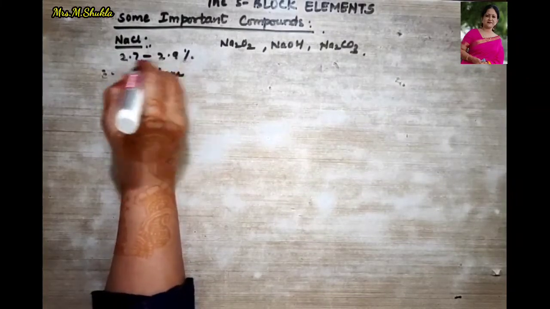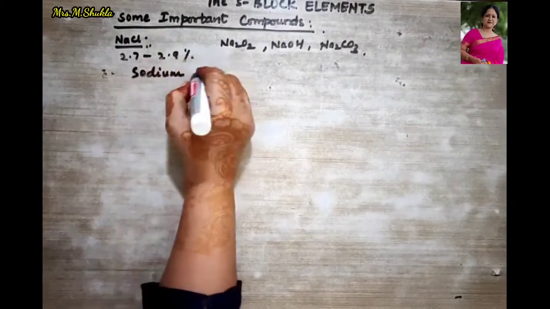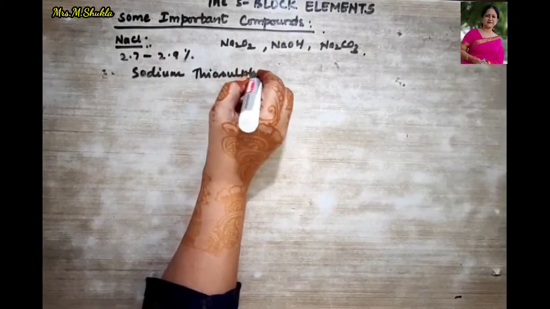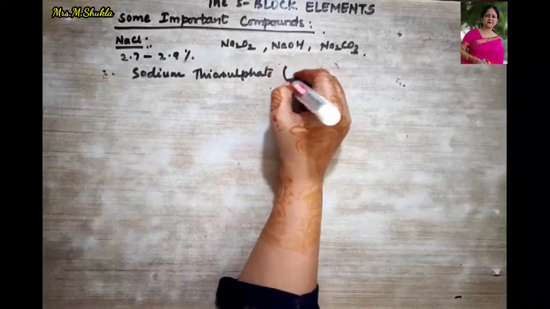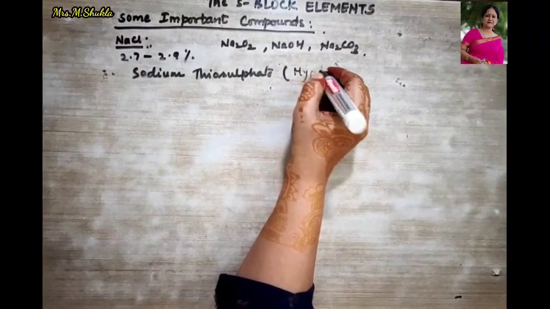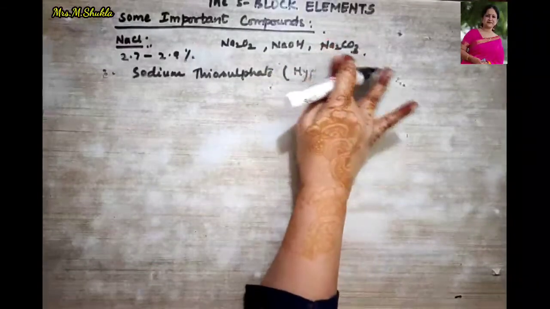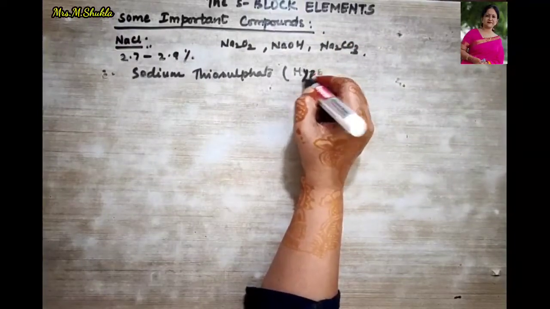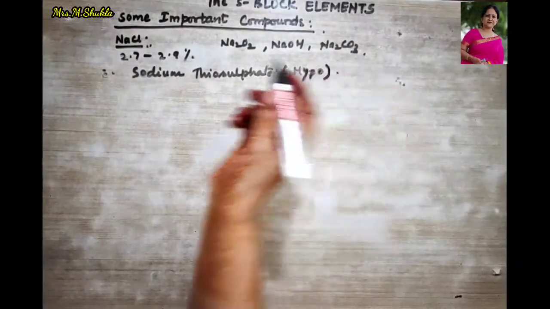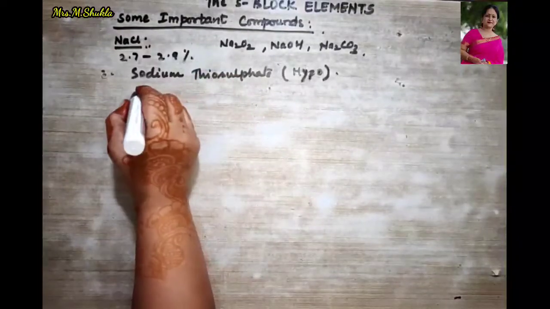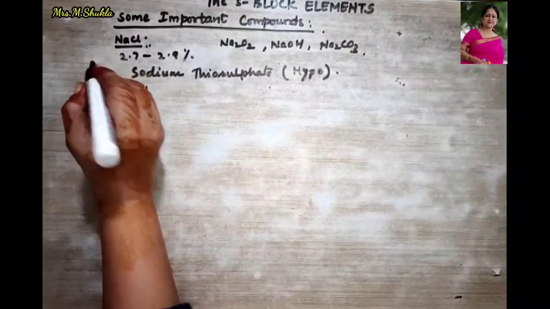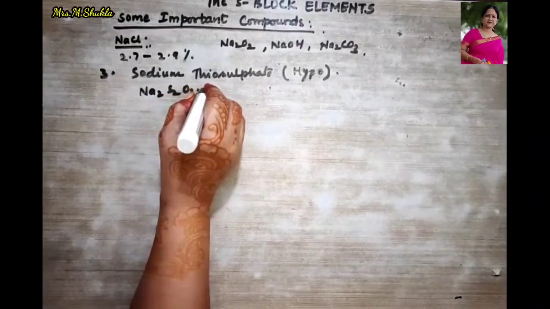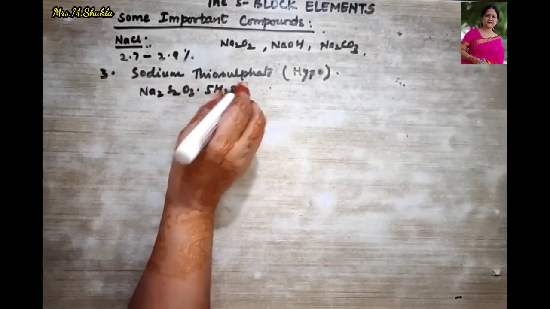Sodium thiosulfate, which is also called hypo, okay? What is the formula of this? The formula is Na2S2O3.5H2O.